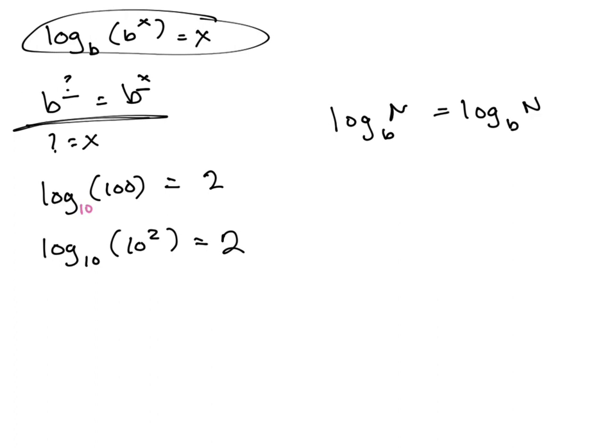This is only true if and only if, so that IFF, that's shorthand for if and only if. It's a math thing. This is only true if and only if what? The bases are equal. So this is a true statement if and only if m and n are equal, if your arguments are equal. Your bases are already equal. They're both b. So this only works if m equals n.